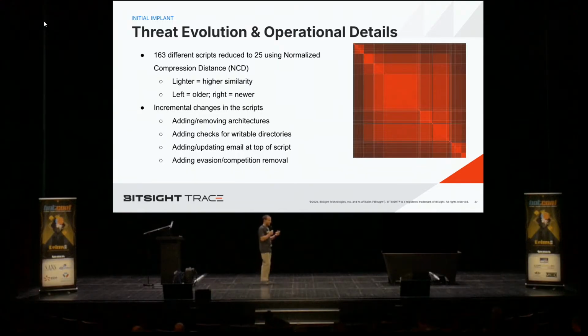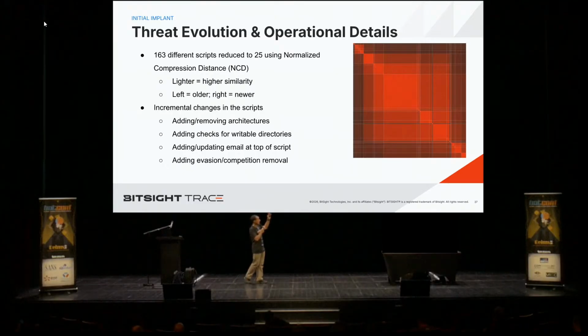So if 2 files are similar and they get concatenated together and you compress them, that compression will be higher than if the files are very different and you compress the concatenation of those 2 files. We use that to plot this similarity matrix that you see. The diagonal means it's the same file, so this picture is mirrored on the diagonal.